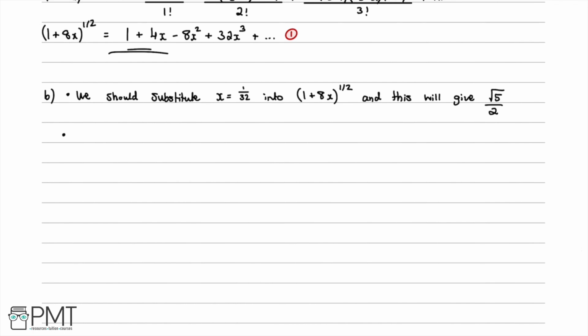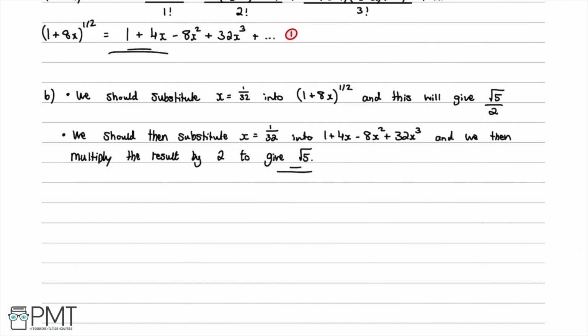And why do we multiply it by 2? Because putting this in to here, we have root 5 over 2. So if we multiply by 2, we'll be left with root 5. So just writing this down, we should then substitute in x equals 1 over 32 into 1 plus 4x minus 8x squared plus 32x cubed, and then we multiply by 2.